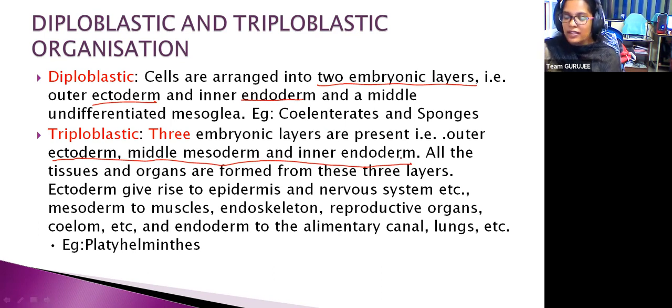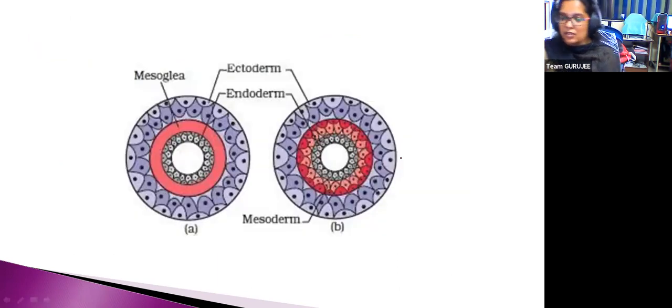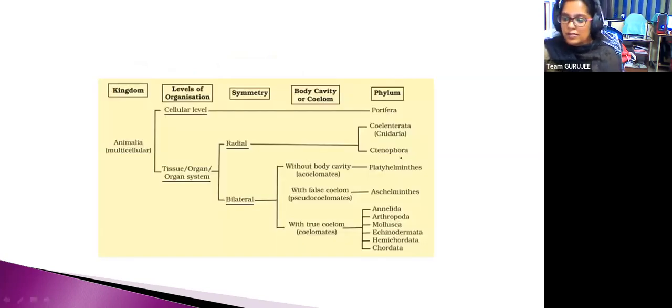So based on the layers of the embryo, they are classified into two: diploblastic and triploblastic. This is the diagram which represents the layers of the embryo. So this is the main classification for animals.